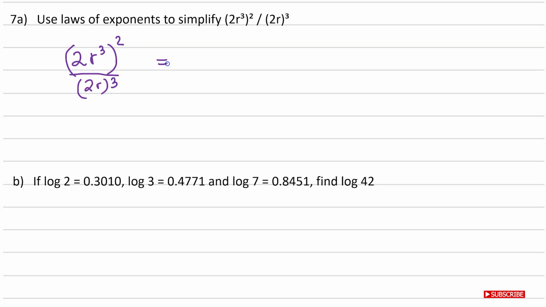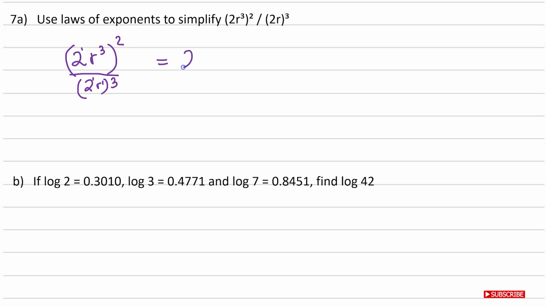Okay, so what we need to do first is just expand this. We've got brackets and then we've got powers. So here there is a 1 which we don't normally write, remember that. Now we've got power and bracket, so we need to multiply them.